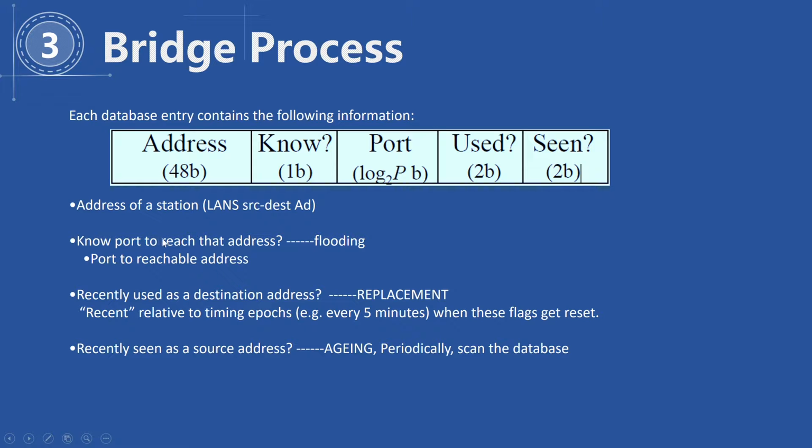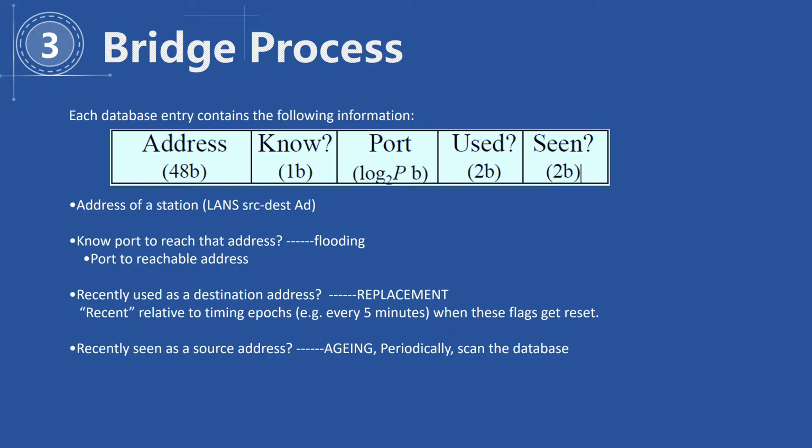Furthermore, a bridge uses a replacement policy to update the destination address by setting a flag in the used port. Whenever an address is used as a destination, it will set the recently flag, and during 5 minutes, if the address hasn't been used and the database is full when a new address comes in, the entry will be replaced by the new one.